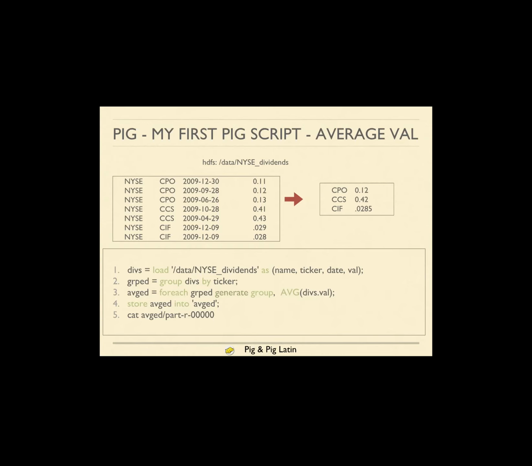Yes, thank you, Ted. So yes, at the command number 4 called store, only at that point of time the execution starts happening. At this point of time, Pig will figure out, okay, it has to do something called foreach, and foreach is happening on grped, and grped is group by divs, and divs equals to this.